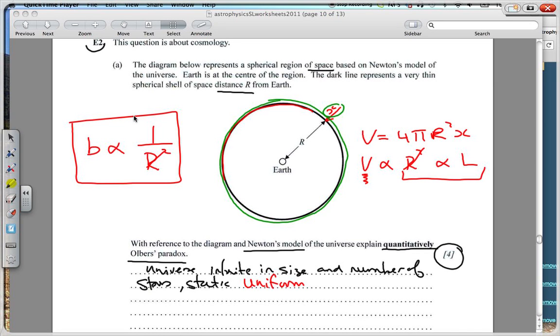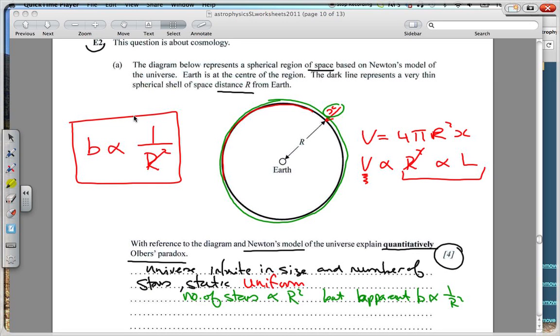So you basically would need to show your number of stars is proportional to r squared, but the apparent brightness, I'll just call it B, is proportional to 1 over r squared.